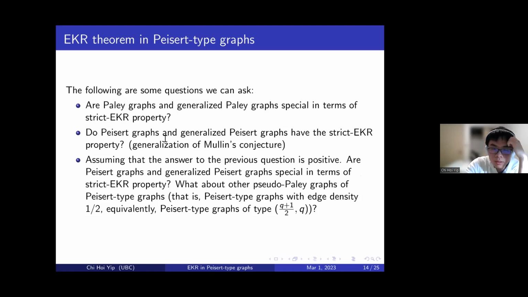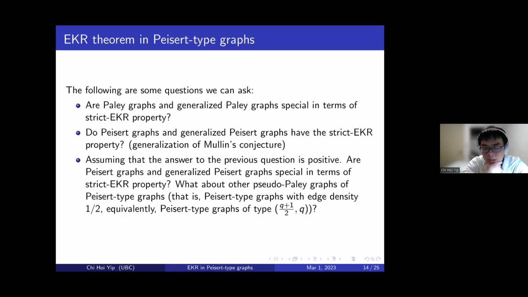We can ask the following questions. First, we know that Paley graphs and generalized Paley graphs have this EKR property. So immediately we can ask whether there is something special about Paley graphs and generalized Paley graphs. I guess Mullin partially answered this question, because she pointed out that these are the only graphs where the connection set is closed under multiplication, so that the Hoffman-type proof works perfectly.